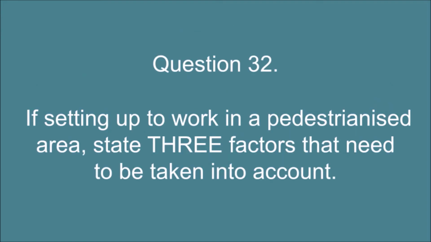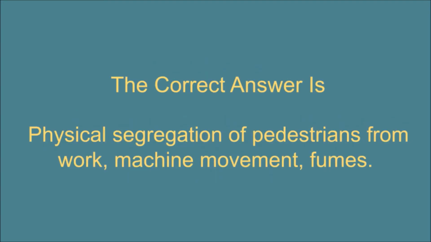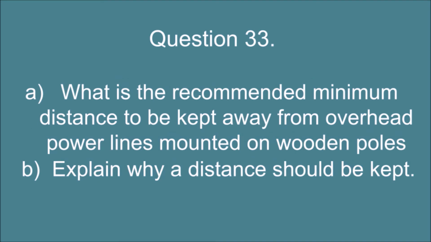Question 32. If setting up to work in a pedestrianized area, state 3 factors that need to be taken into account. The correct answer is physical segregation of pedestrians from work, machine movement, noise, fumes. Question 33.